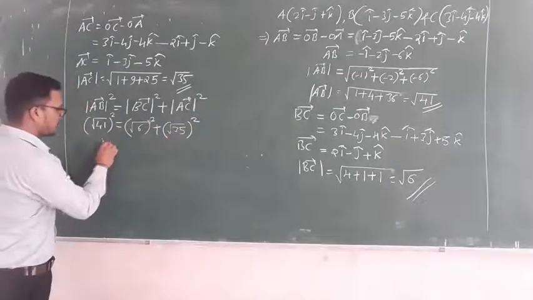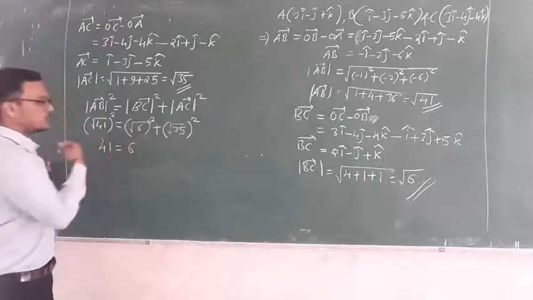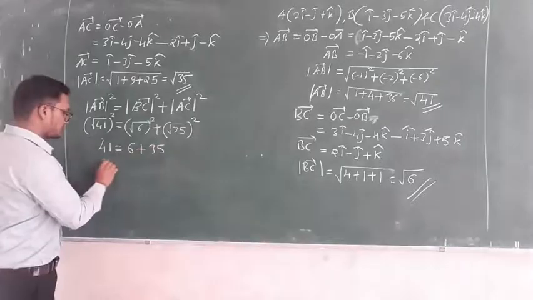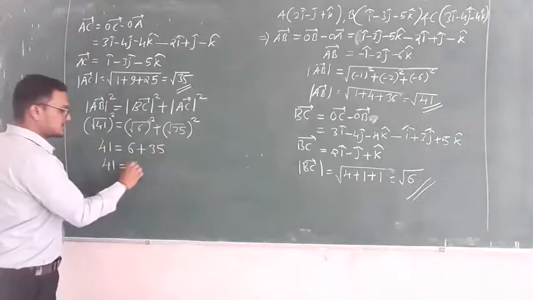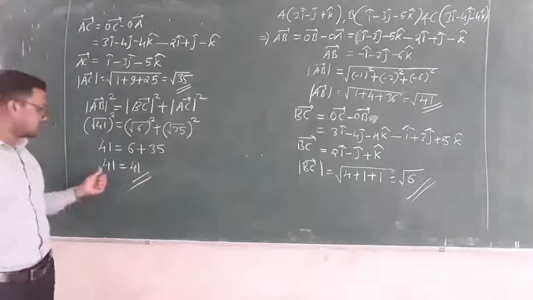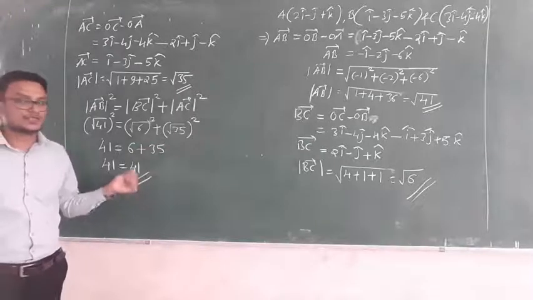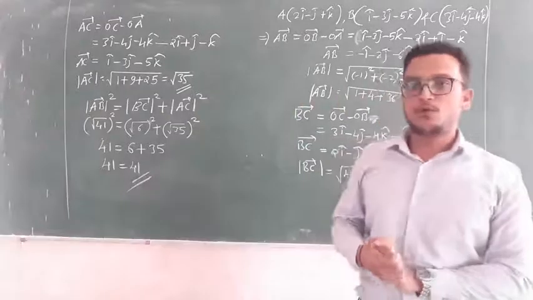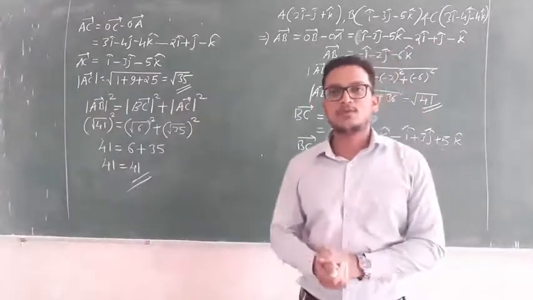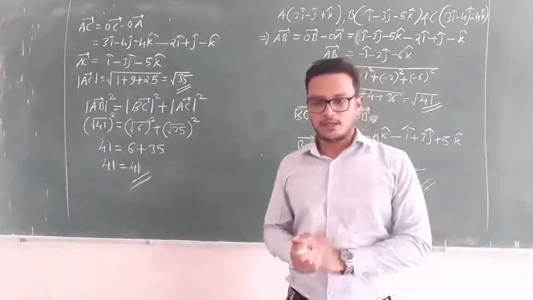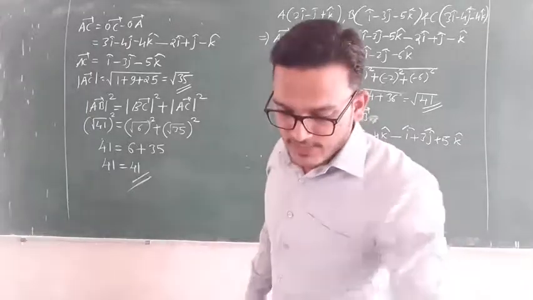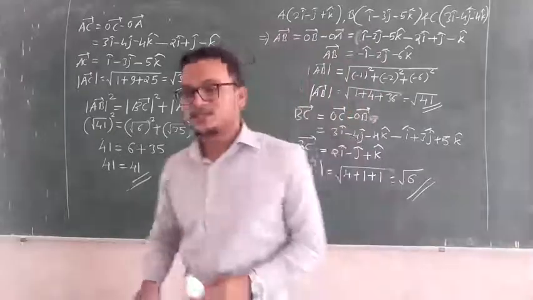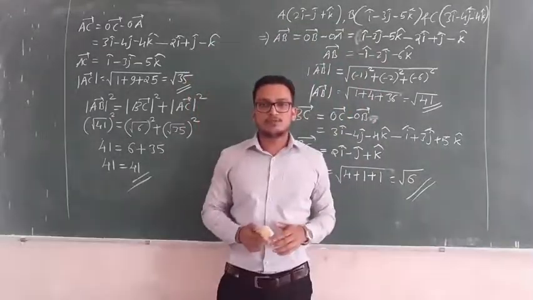So here 41 is equal to, because root and square get cancelled, 6 plus 35. So 41 is equal to 6 plus 35, which is 41. So therefore LHS is equal to RHS. So that Pythagoras condition is satisfied. It means the given points are the vertices of a right angle triangle. Okay. So these are some of the examples. I have solved it. Some more examples are there in the exercise. Please go through them from the notes.